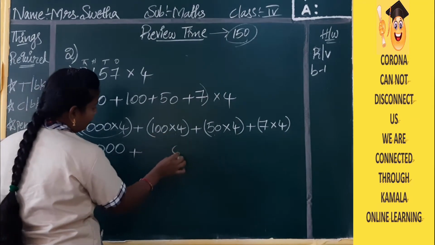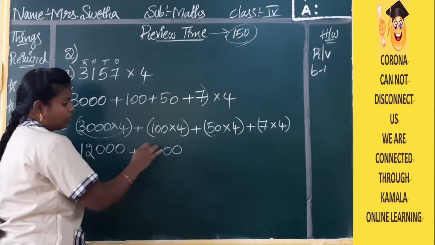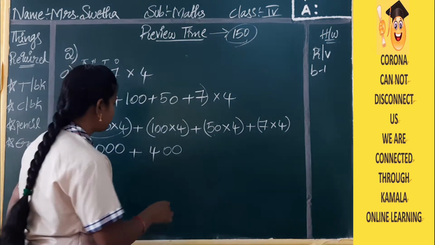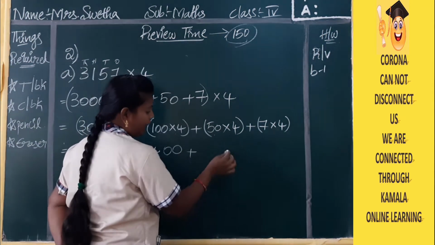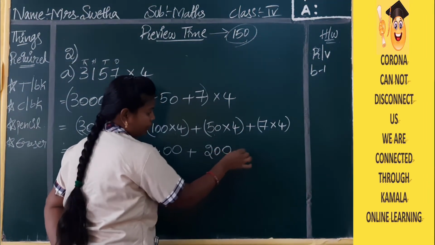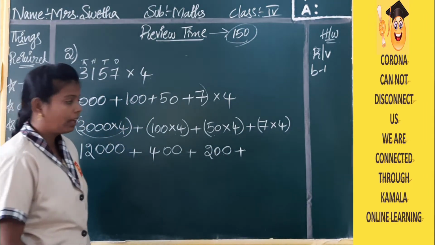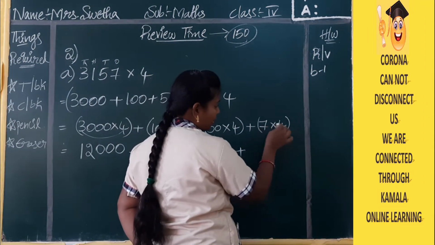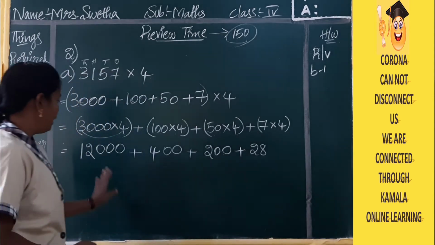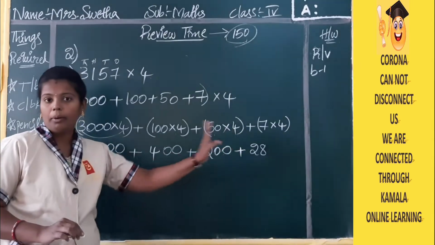Plus, now here we have 2 zeros, so write 2 zeros. 4 1s are 4, 400. Plus, here 1 zero. 4 5s are 20. Plus, 7 4s are 28. Okay. By this we have completed our multiplication.